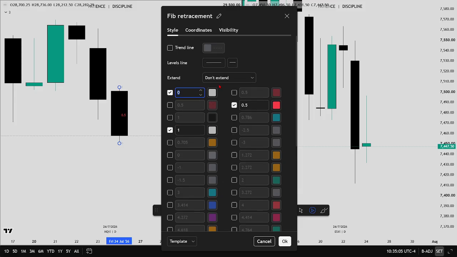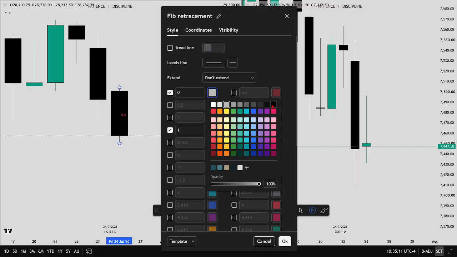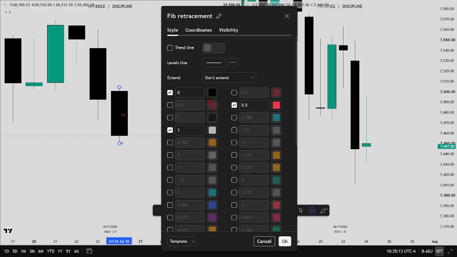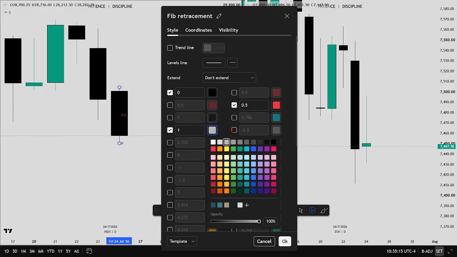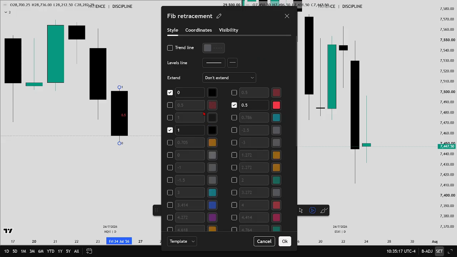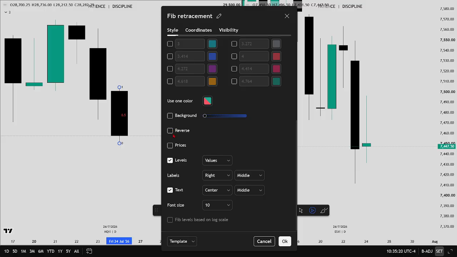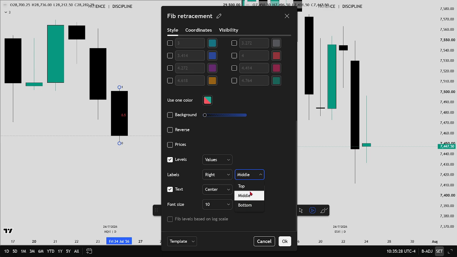I want to make this bigger, and I want to make this one black, and this one also black. No, this is not that one. I want it, okay, left, no, then right.